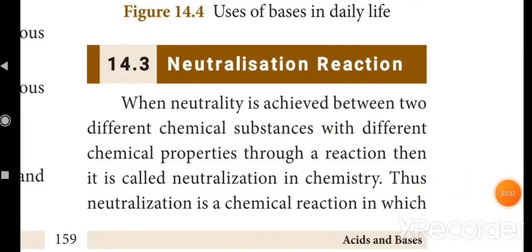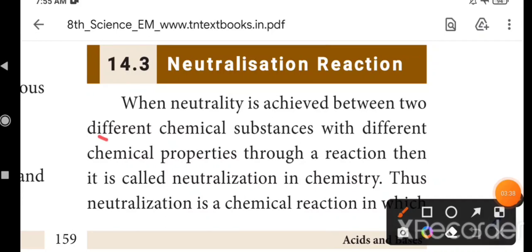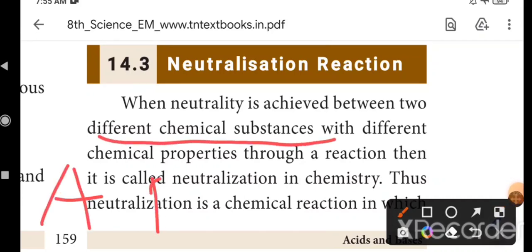Okay, now come to the book. When neutrality is achieved between two different chemical substances, underline the words two different chemical substances, that is, one is acid, another one is base, with different chemical properties through a reaction, then it is called neutralization in chemistry.